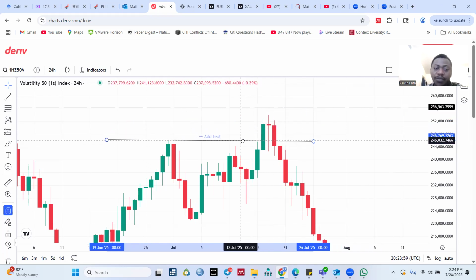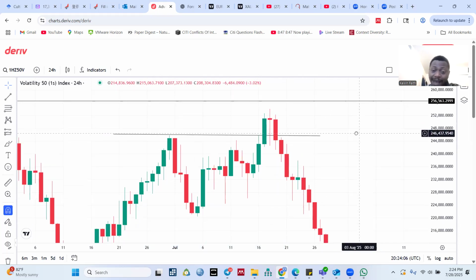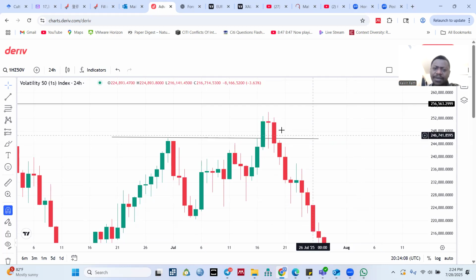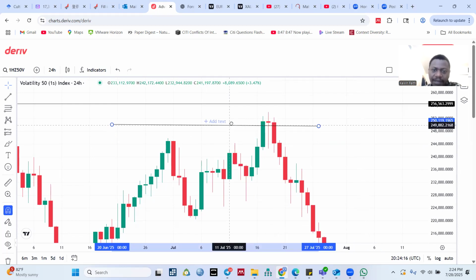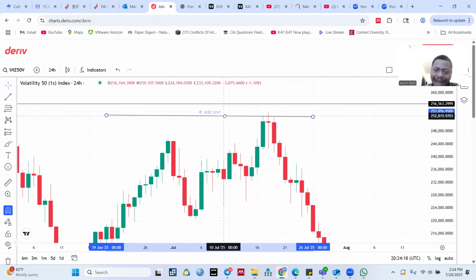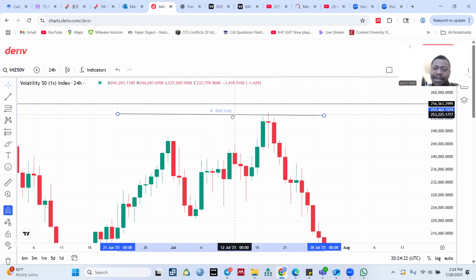So that is what I will be looking for, or you have to be looking for. For you to get a swing high on a daily time frame, you need three groups of candles. It could be four, but mostly three. One should give you a high, the second a higher high, and the third a lower high.